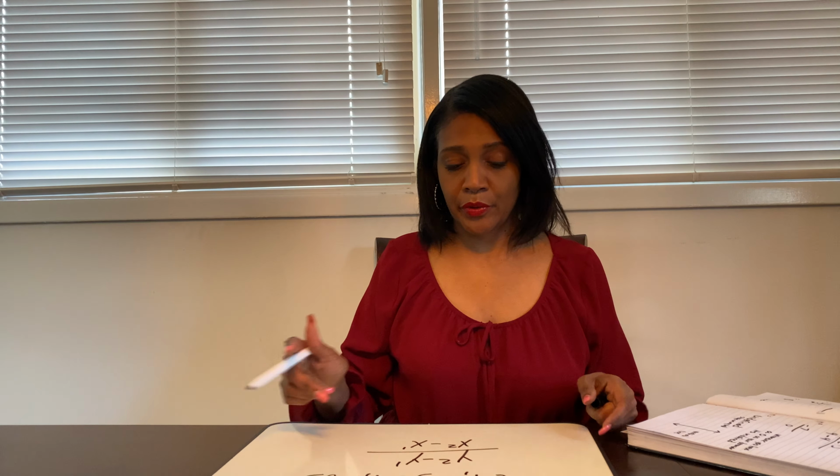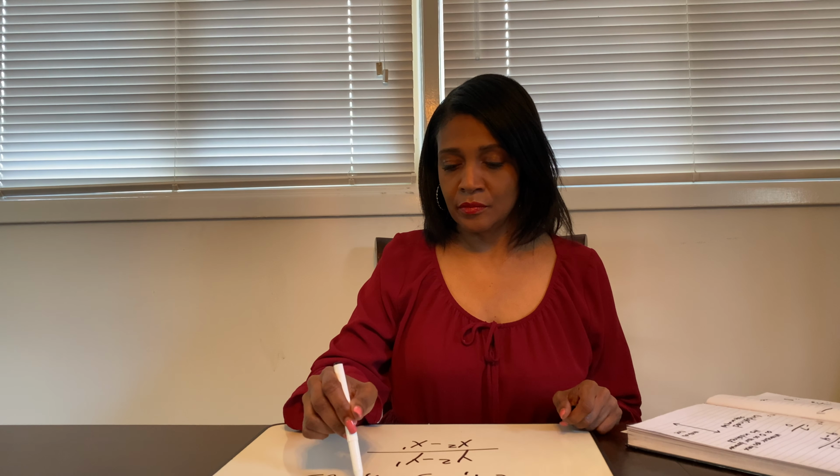Your first number is always going to be x1, then y1, x2, and y2. And then you just plug them in accordingly. So, as we see here, once again, the 4 is x1, so I would plug in this number here.